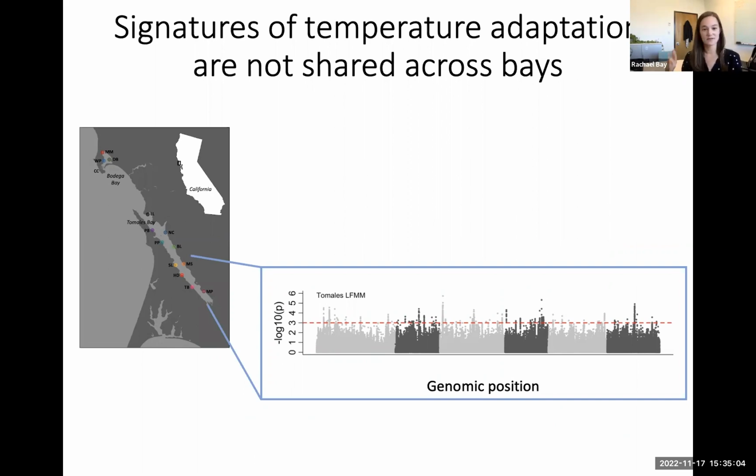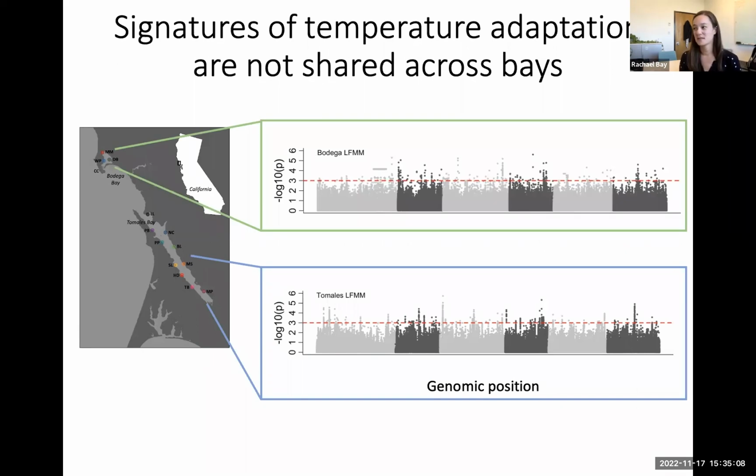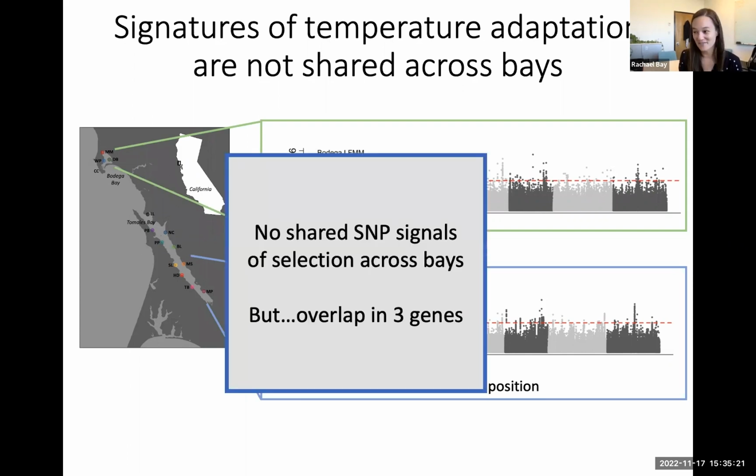They're kind of scattered across the genome. And when we look at Bodega, we see something similar where there are some significant SNPs that are scattered across the genome, but none of those SNPs overlap between the 2 different analyses, not a single SNP. However, there is overlap at the gene level. So there's a possibility that we have multiple mutations that lead to the same function in some important genes.